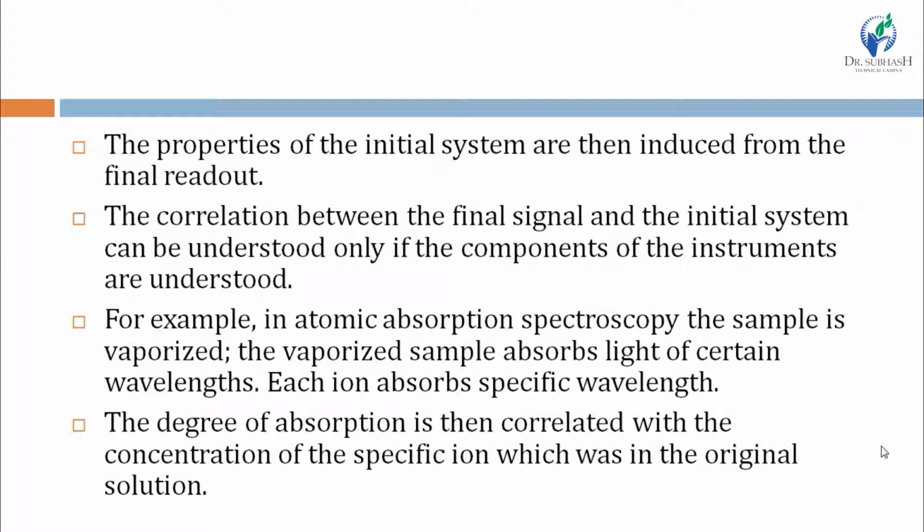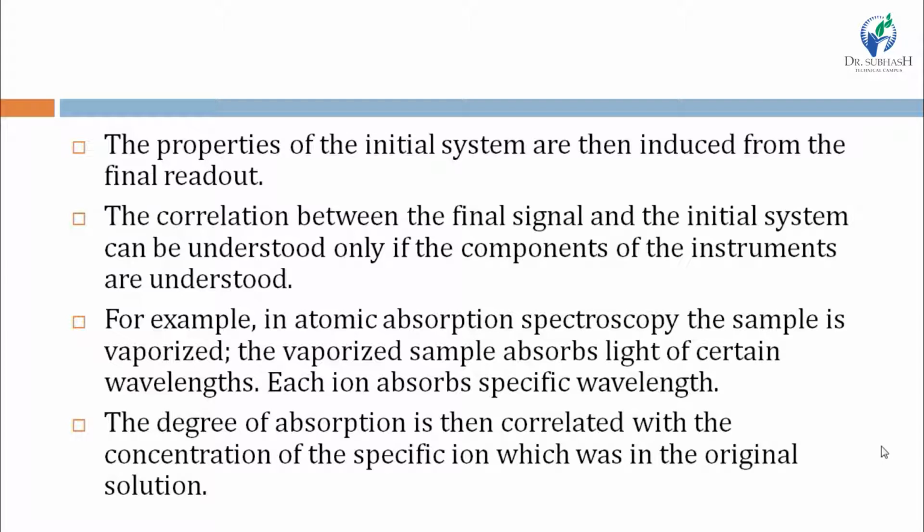If sodium ion is present, then it absorbs specific wavelength light. If potassium ion is present, then it will absorb another wavelength of light, right? And so through this wavelength we can get information about which ion is present in our sample. Means we can get information about the quality of the sample, which ion is present in that sample. So this will be the qualitative analysis.